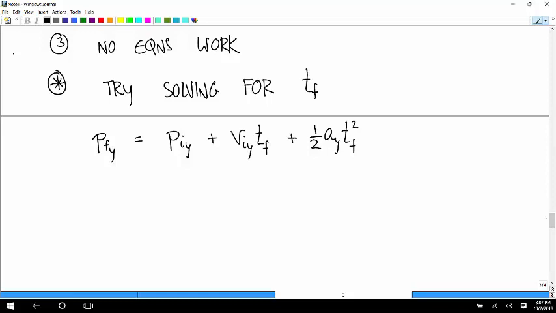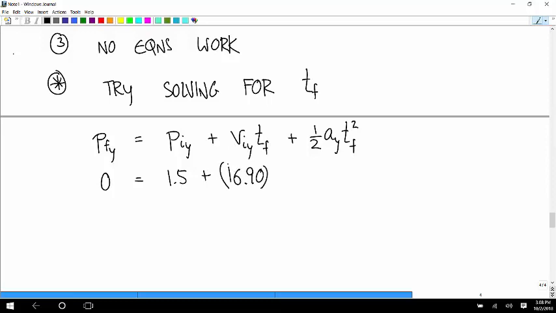So this one says 0 is equal to 1.5, plus VIY is 16.90 times TF plus 1/2 times negative 9.81 times TF squared.